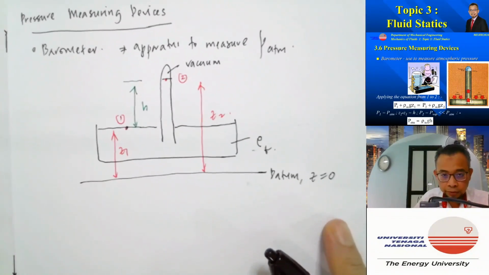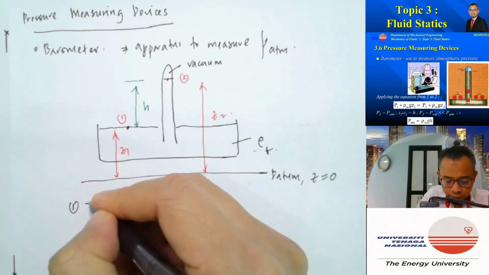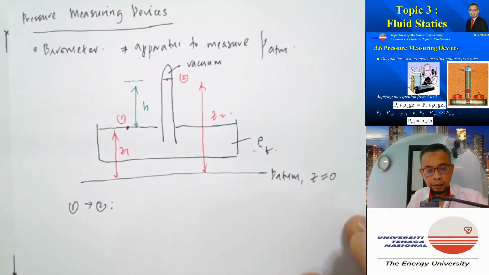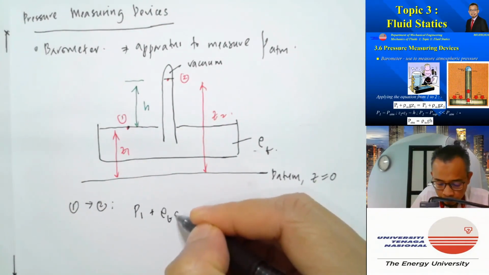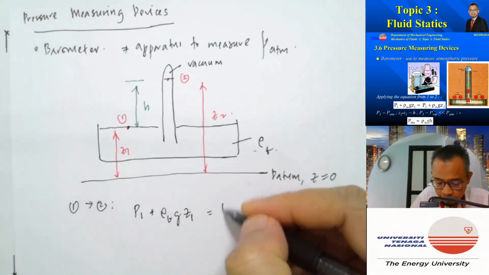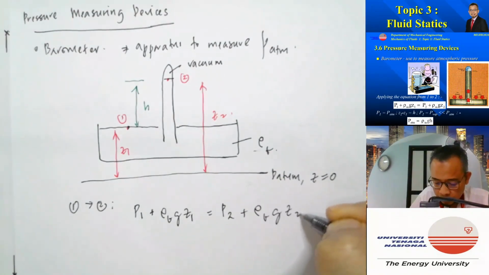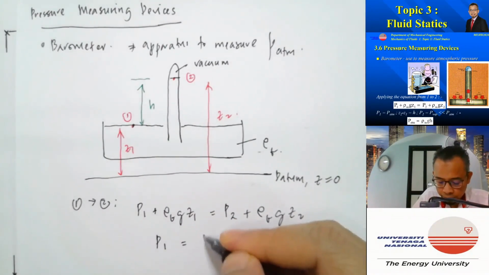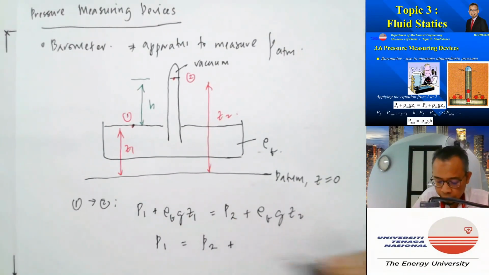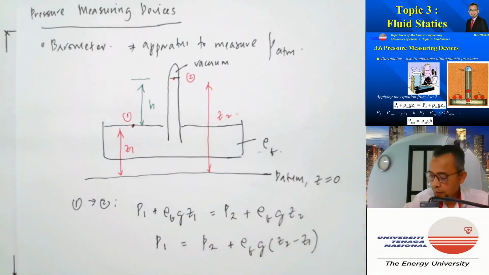So if I apply the isometric equation from 1 to 2, I can write P1 plus rho fluid G Z1 must be equal to P2 plus rho fluid G Z2. So I can write P1 is equal to P2 plus rho fluid G (Z2 minus Z1).